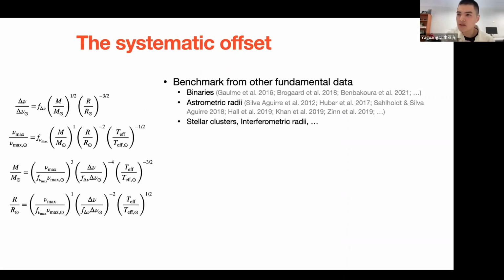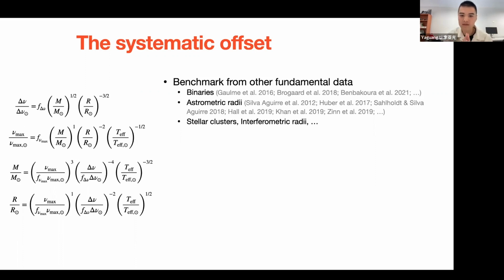So how do we constrain or know the values of these correction factors? For example, we can utilize independent measurements of masses and radii and compare them with the seismic masses and radii, and that will give you a solution for F delta nu or F nu max.